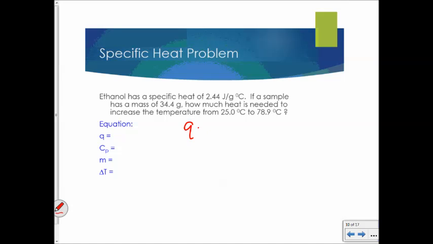This is what I do though. I put my equation up and then I start finding my stuff. Ethanol has a specific heat of this. Well, guess what? That's this one. So I'm going to put it here in the middle. That's C. Sample has a mass of 34.4.